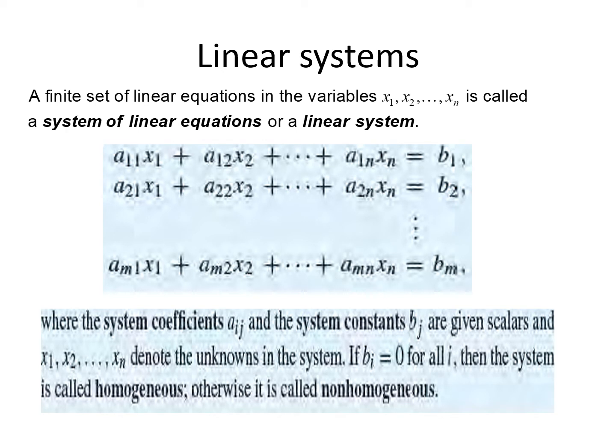It is a finite set of linear equations in the variables x1, x2, up to xn, and is called a system of linear equations or a linear system. It may be written like this: a11x1 plus a12x2 plus dot dot plus a1nxn equal to b1.